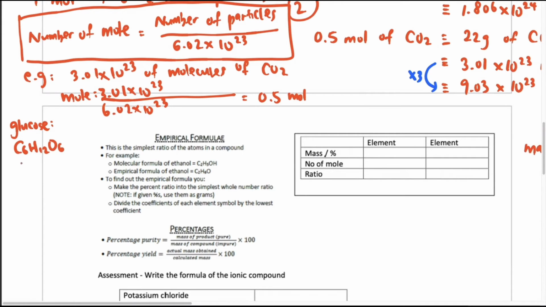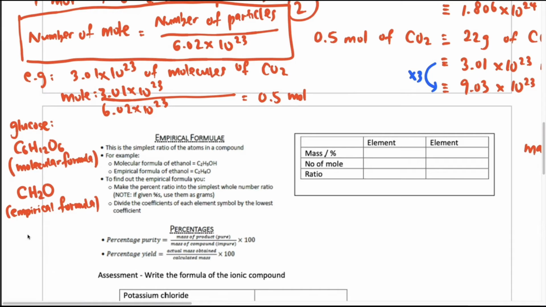This is the actual formula, which is known as molecular formula. Now you can simplify the 6 to the simplest ratio, which is 1 to 1. So if you do so, 1 to 1, for 1 we no need to write down. So that's why we end up with CH2O. This is the simplified version. We call this empirical formula.